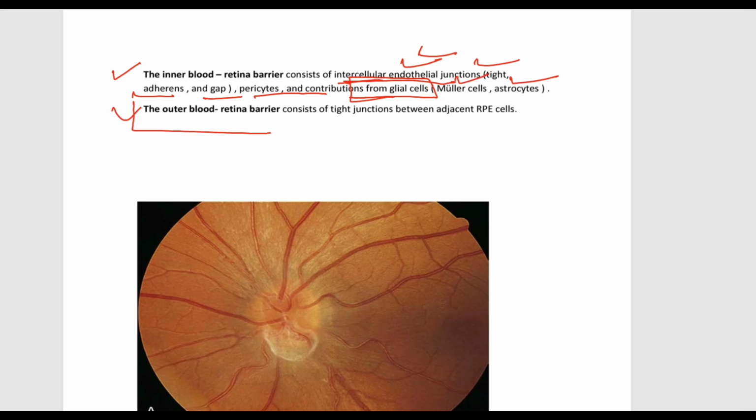And the outer blood retinal barrier consists of tight junctions only between the adjacent RPE cells. Very, very important.